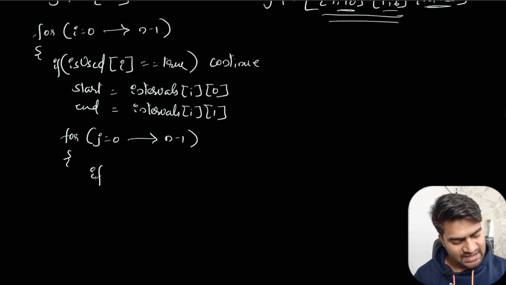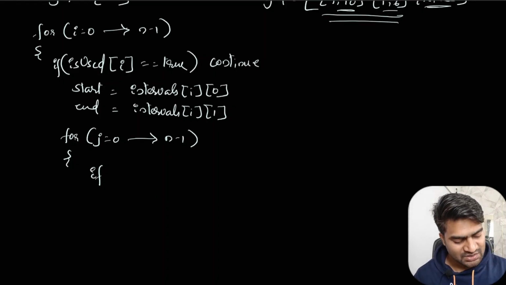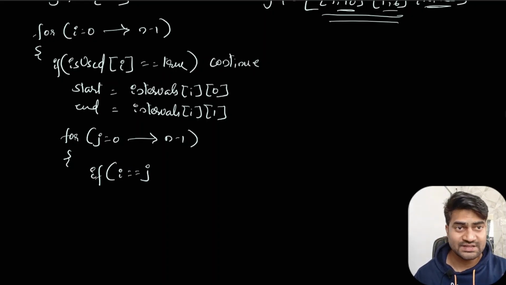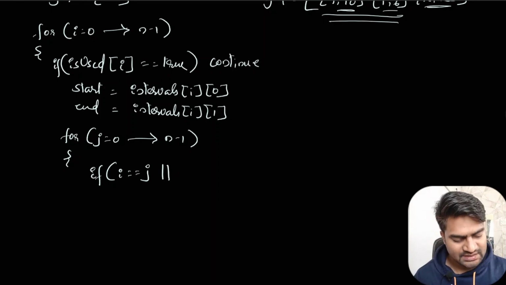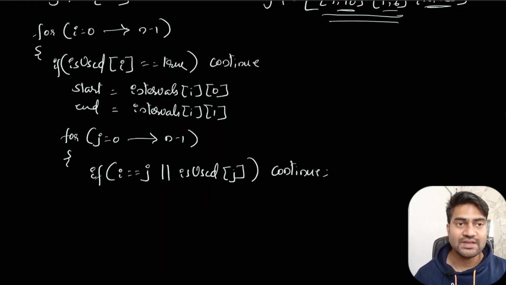Since both i and j iterate from 0 to n minus 1, there is a chance that i can become equal to j. It means we would compare the interval with the same interval, which we should avoid. So if i equals j, this is one condition, or if it is already used, then we will simply skip that. So basically we will continue.